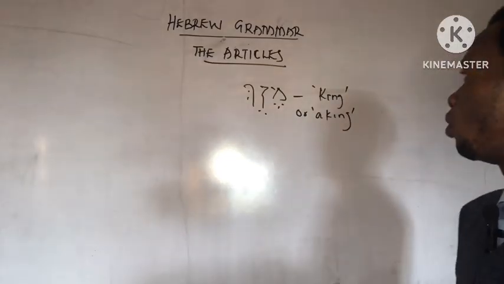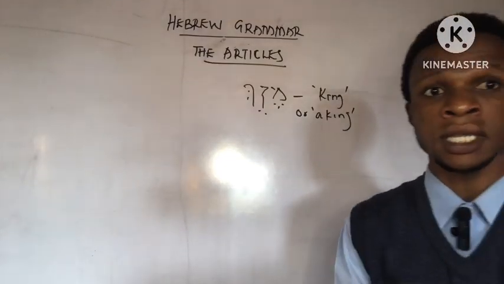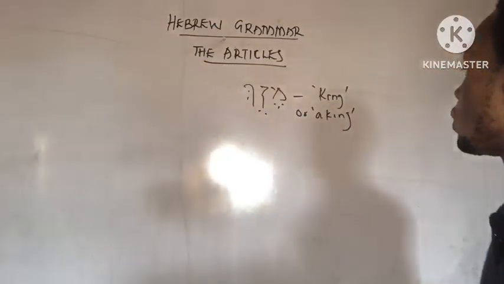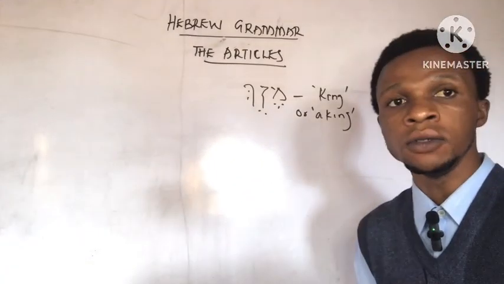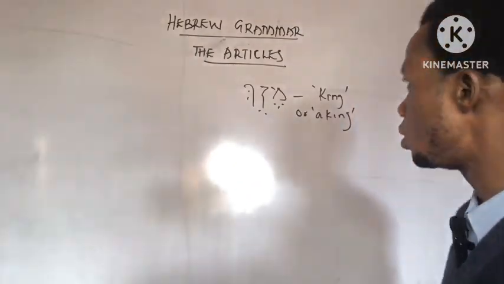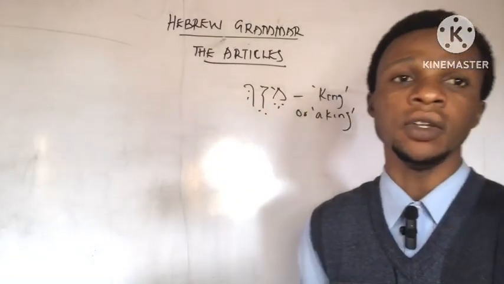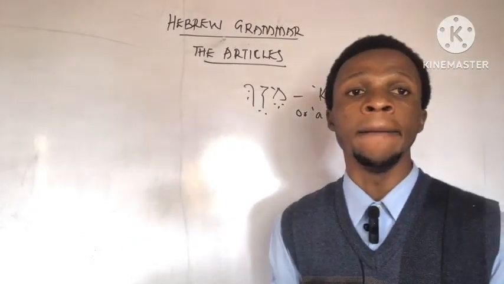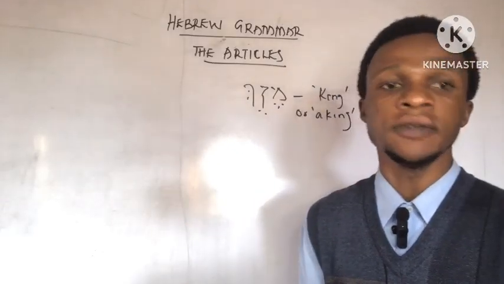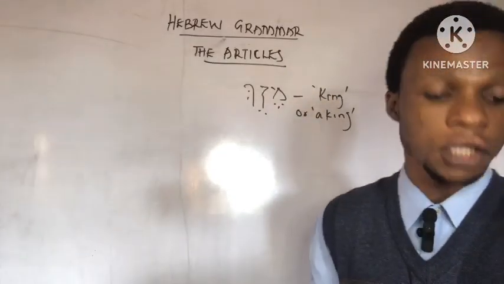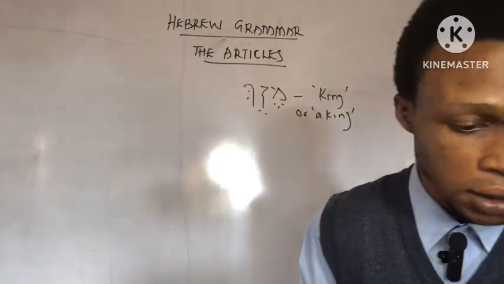When translating, it is possible to render it as a king or simply king, but the point is that there is no indication of an indefinite article.